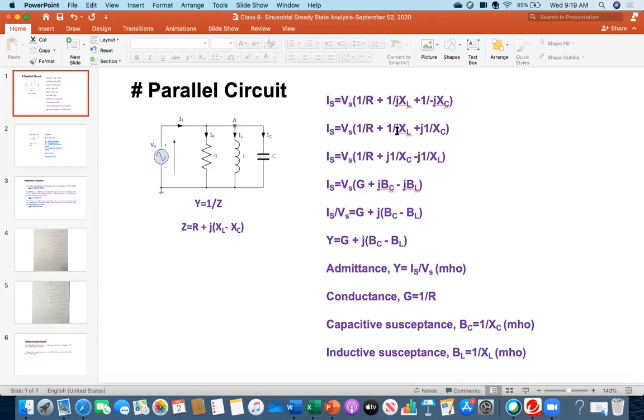So that's why this term is minus J 1 over XL. I know that this will be the minus, that's why I wrote it later, and because this is plus, I wrote it at first. So now come back. This is IS, this is IS.